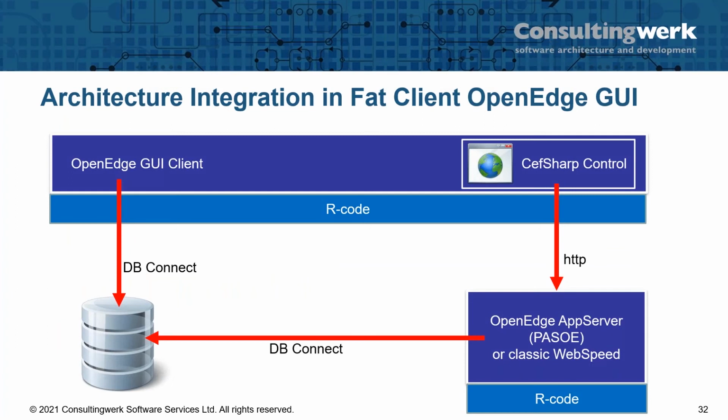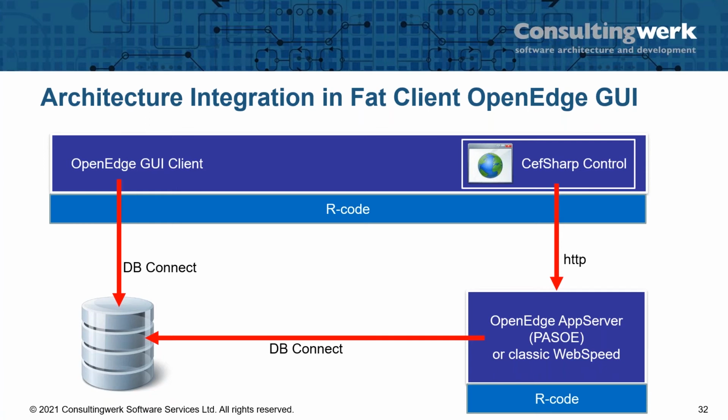So let's look at what it means if we are building an application. If we embed the CefSharp control into an OpenEdge Fat Client GUI application, hosting an Angular web application utilizing HTTP requests to an OpenEdge app server, then we actually have part of the R code of the application deployed to the client along with the GUI application that we've just seen, the browser control on the right-hand side.